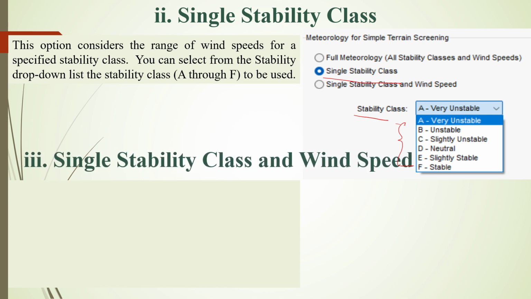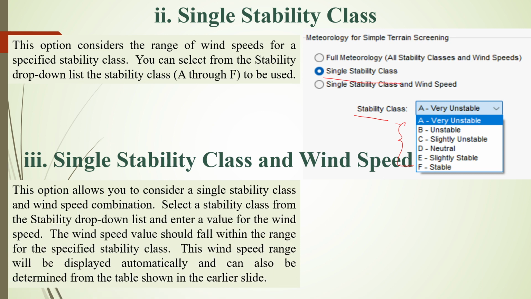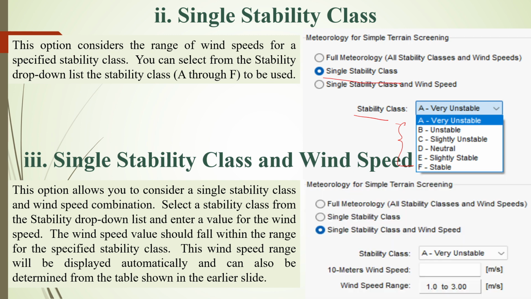And for the third option, that is single stability class and wind speed, this option allows you to consider a single stability class and wind speed combination. Select a stability class from the stability drop down list and enter the value. So from here, the stability class, and enter the value of the wind speed here.